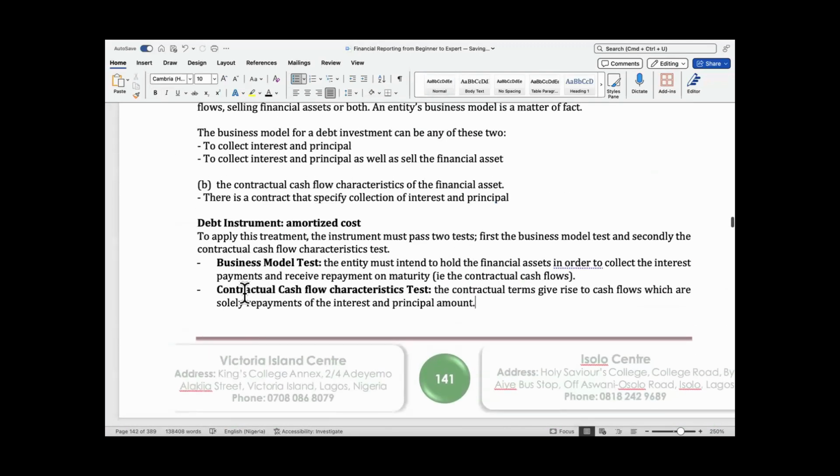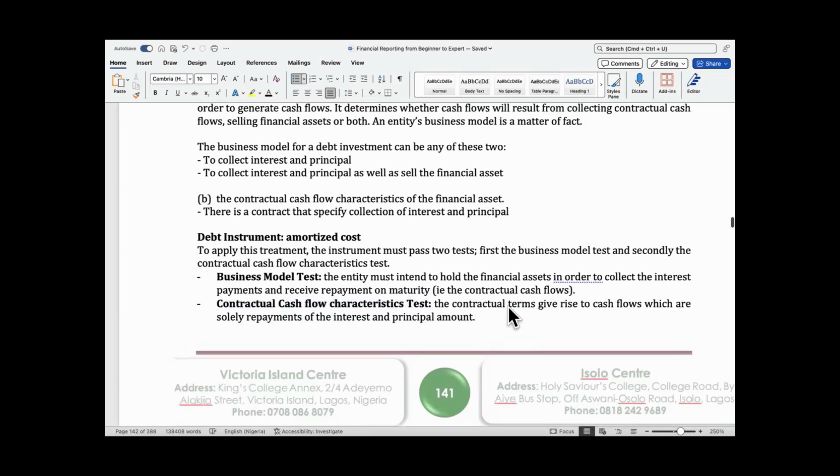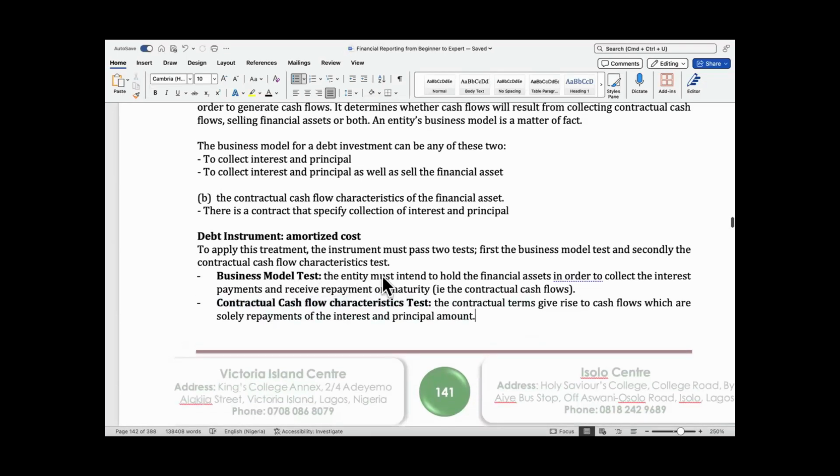And also, of course, I told you there is contractual cash flow characteristics, meaning that the terms of the contract must show that you collect interest and principal. So if your business model test is to collect interest and principal, then just put it at amortized cost.